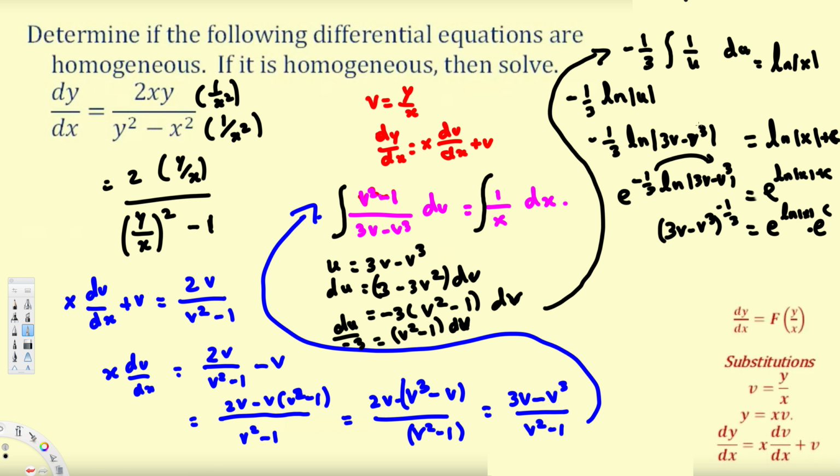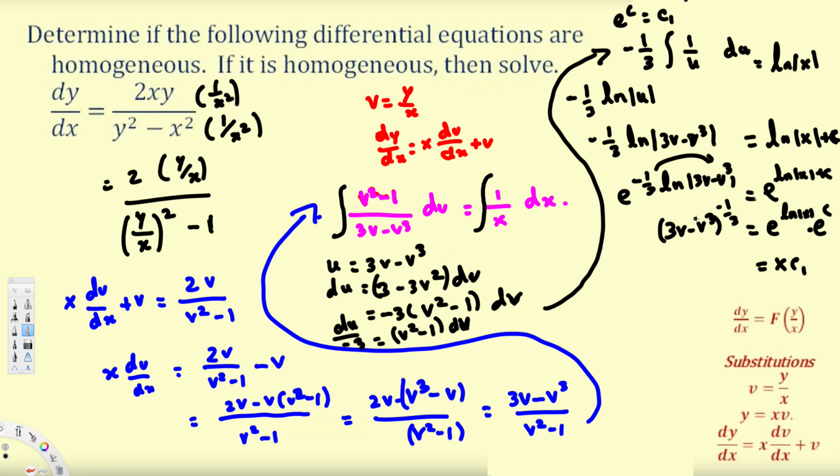Let's say e power c is equal to c1. So we can write our new constant as c1. So this is basically this one, and this is going to be just x, and this is going to be our c1, x times c1, and here we have this one.